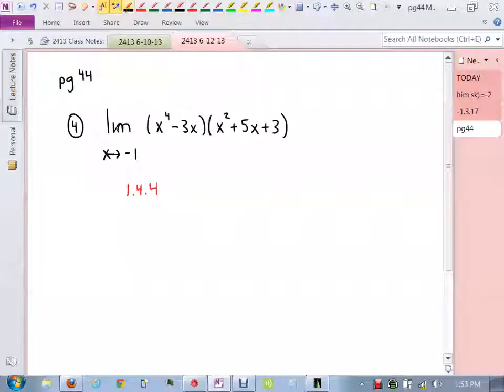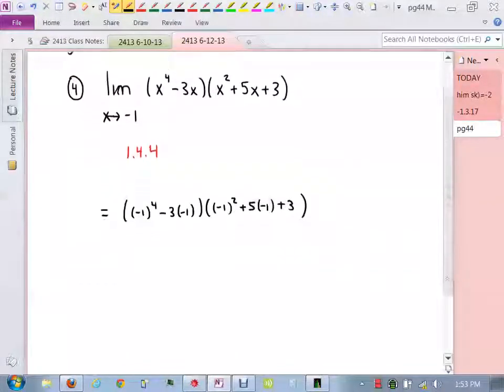So the correct way to write this is, equals, now since I am going to plug -1 in for x, I do not write the limit anymore. I just plug in, so I write -1 to the 4th minus 3 times -1, times -1 squared plus 5 times -1 plus 3.